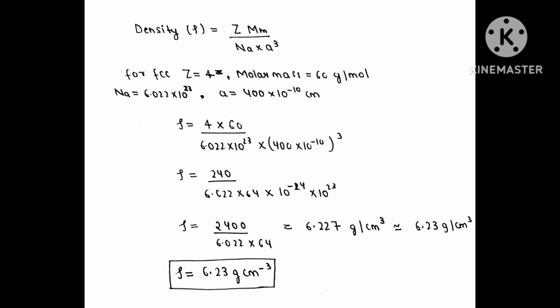Now you have to calculate D, the density of silver, and the atomic mass is given. Atomic mass is 107.9 U. Then say how easy this question is.